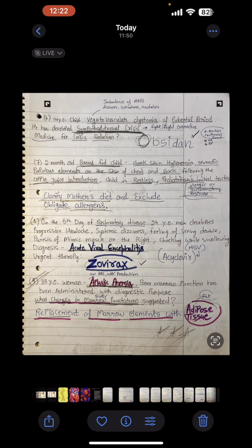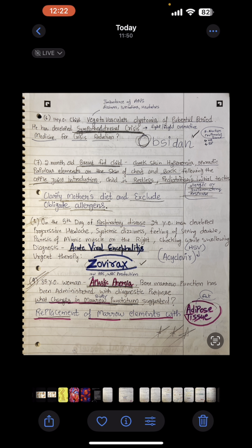These are conditions developed in the child after, or related to, the breastfeeding. So we will clarify the mother's diet and exclude the obligate allergens so that the allergic response can be prevented. The best management to prevent the allergy is what? Stop contact with the allergen, right?